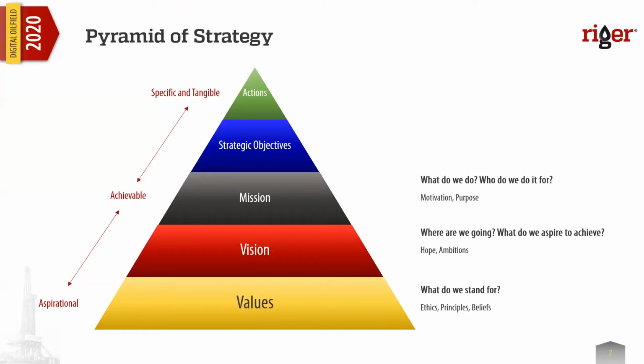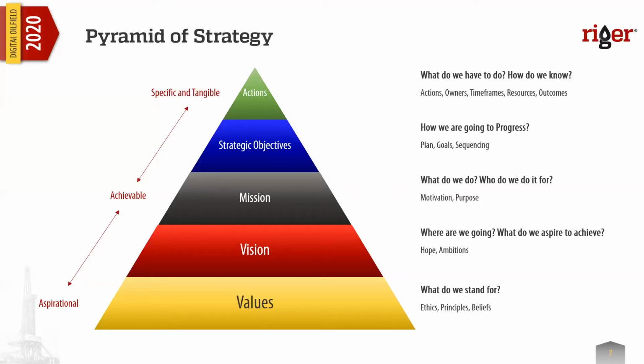The strategic pyramid sets up values, missions, strategic objectives, and actions. One of the most important measurements in day-to-day operations is KPIs. Many companies set up different KPIs, and we can provide some examples of oilfield KPIs.